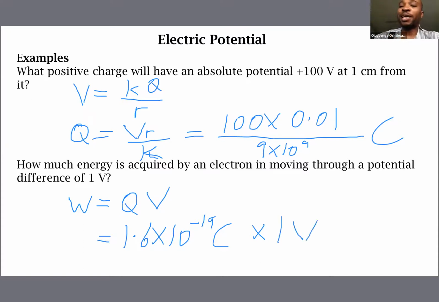So we should get 1.6 times 10 raised to power minus 19 joules. So the product of Coulomb and volts is joules. I think I said something similar to that earlier. So these are just simple examples. Let's move further.